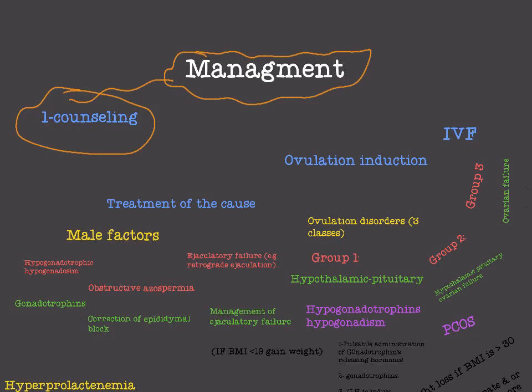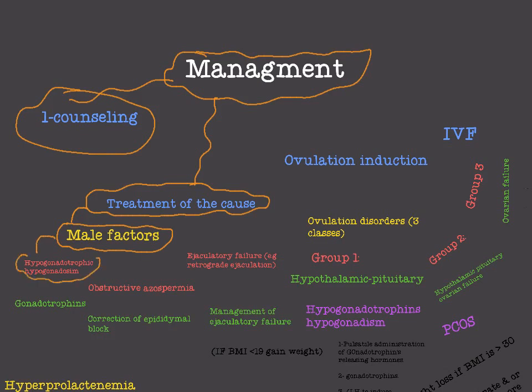Okay, then you have to move to treat the cause behind the infertility, and here we're going to talk in detail. If we have a male factor infertility, then we have to treat the cause. If it was a hypogonadotrophic hypogonadism that causes the male to be infertile, you have to give this male gonadotrophins.